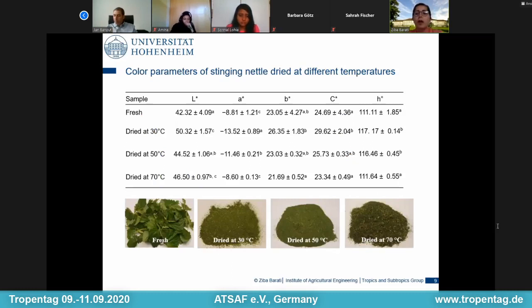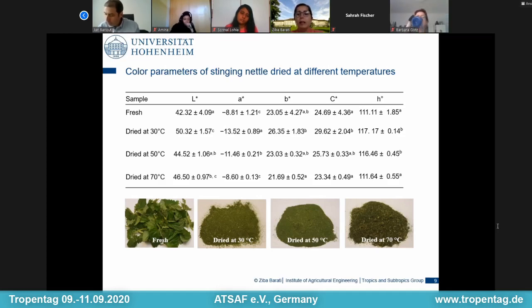The results of color value of stinging nettle dried at different temperatures are presented in this table. We found that the color value of stinging nettle was substantially influenced during the drying process. In total, the sample dried at 50 degrees Celsius had better results in terms of L value, B value, and chroma value compared to those dried at 30 and 70 degrees Celsius.